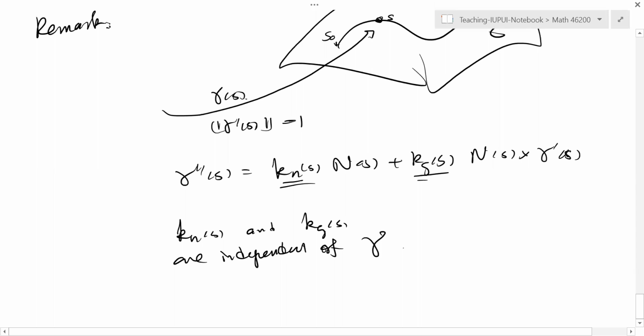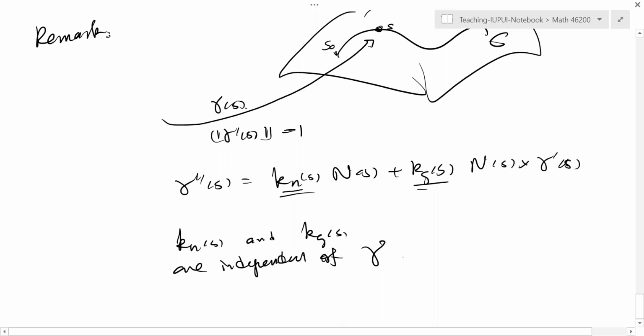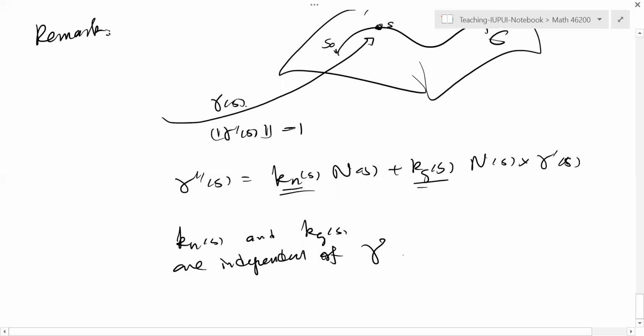If you have two parameterizations, the difference is just a shift of the variable s.